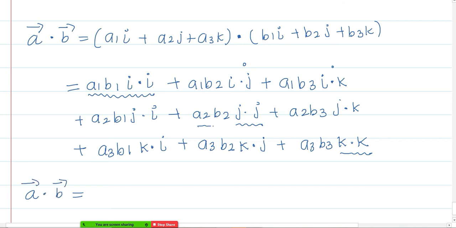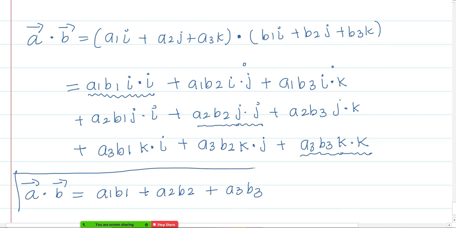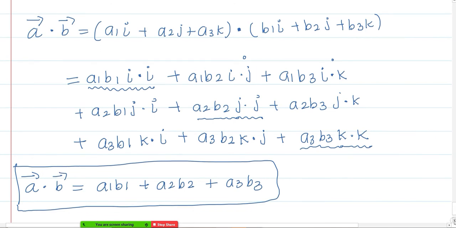What is that? A1 B1 times I dot I, which is 1. I'm not writing that because 1 multiplied with A1 B1 gives the same. And A2 B2 and plus A3 B3. So this is the method we are going to use to find the dot product of two vectors. And we are going to use the definition which I explained earlier to find the angles or to solve for other purposes.